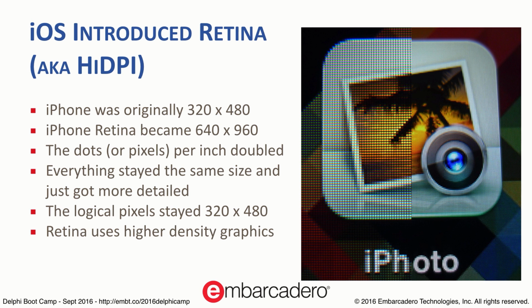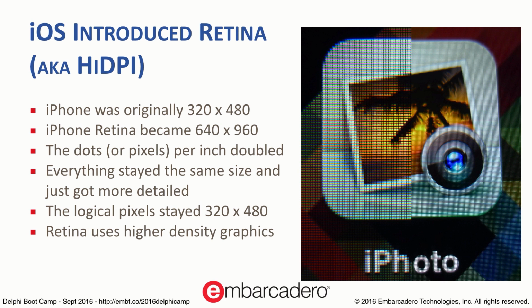But they didn't cram more data on the screen, more text on the screen, or more icons on the screen. Instead, they made the text and icons look crisper, look sharper. They did this by increasing the dots per inch, the DPI. If you look at that picture there, you can see that the image looks better on the right because that's the high DPI version.